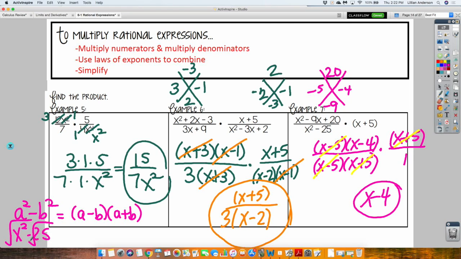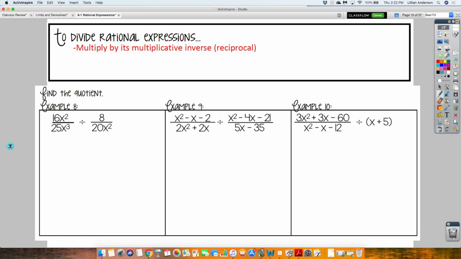Multiplication. You're okay? Okay. Division. When you divide fractions, you know you multiply by the reciprocal. Same concept here. You're multiplying by the reciprocal of the second fraction, which is called the multiplicative inverse, but I'm just going to say reciprocal.